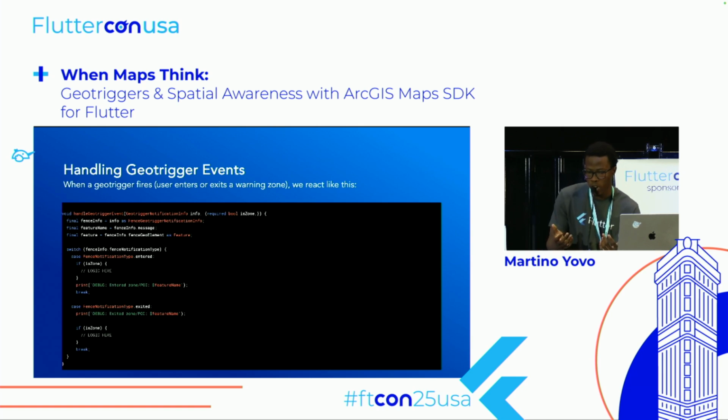When you have the info, you can check: is my user entering this specific zone? If yes, then send this notification. Is my user exiting this zone? If yes, send the notification. When we talk about notification, it doesn't necessarily mean that you have to use a notification package, but we're talking about a message that you're receiving and what you're doing with the message.